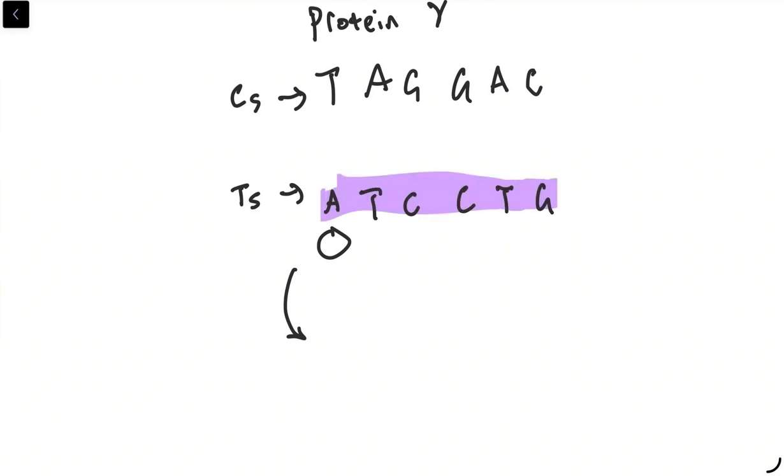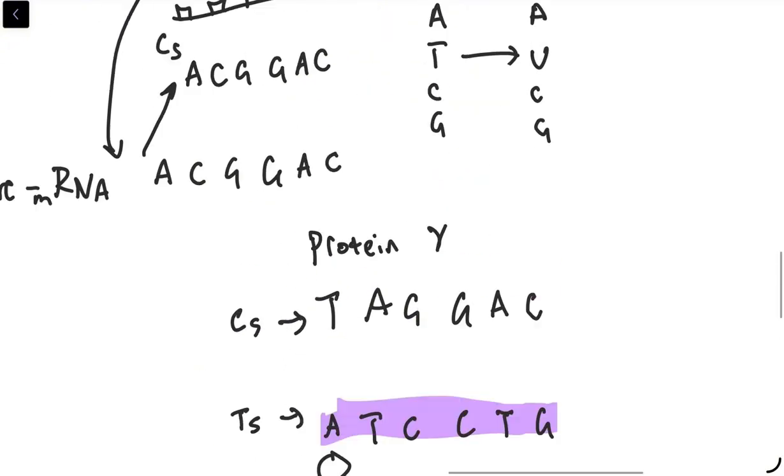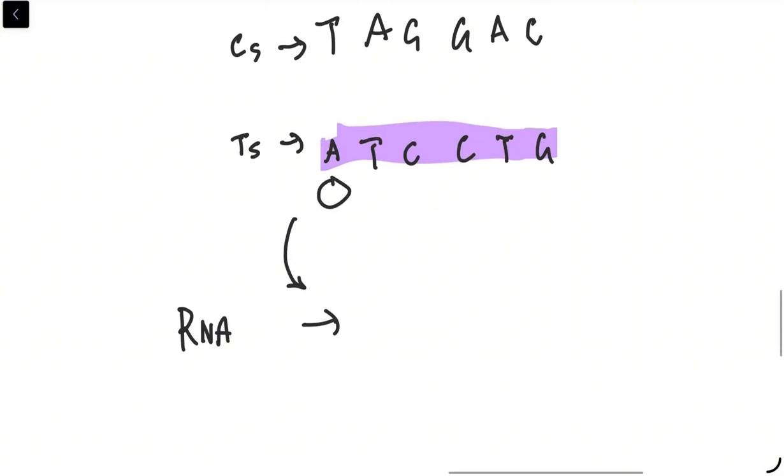So what is the RNA strand going to be? Well, as we know, T is replaced by U. So in this sense, we have to write down what A pairs with.